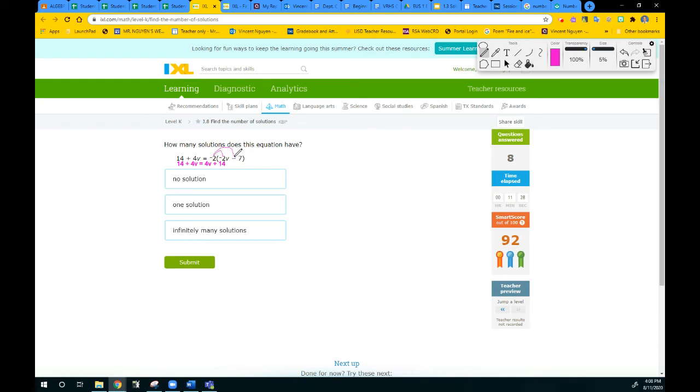So negative 2 times negative 7 is positive 14. So as you can see, both sides look exactly the same, right? 4v and 4v, and then positive 14 and positive 14. If they look exactly the same on both sides, then we say it is an identity. An identity has infinitely many solutions.